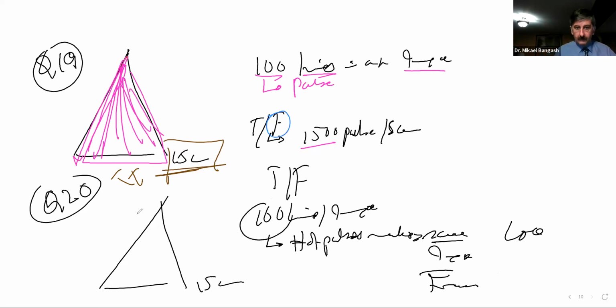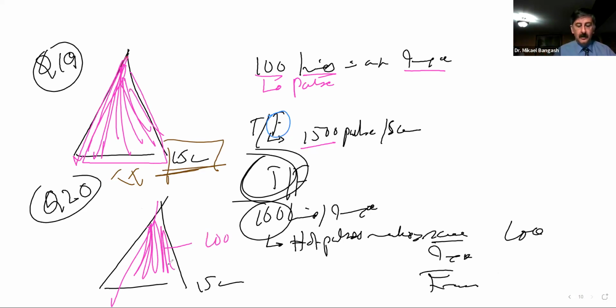Well, it's given right here, so that is true. We still have a total of 100 pulses or lines in the image. Did you guys get that?